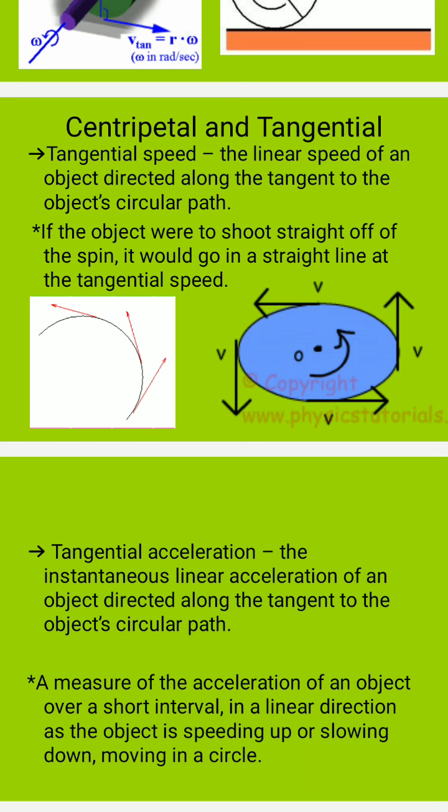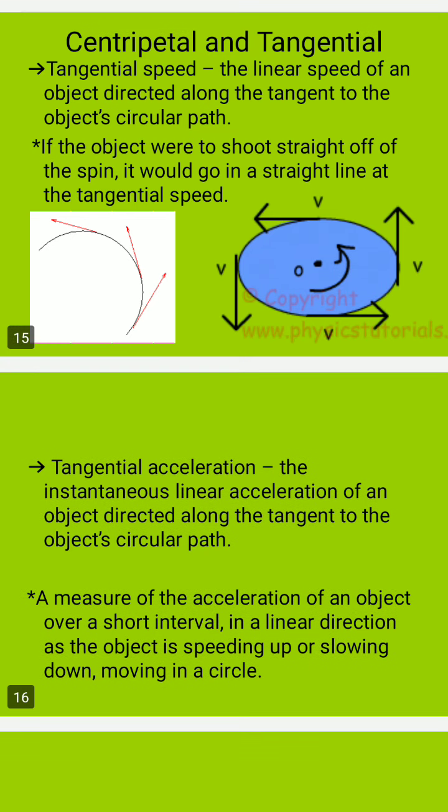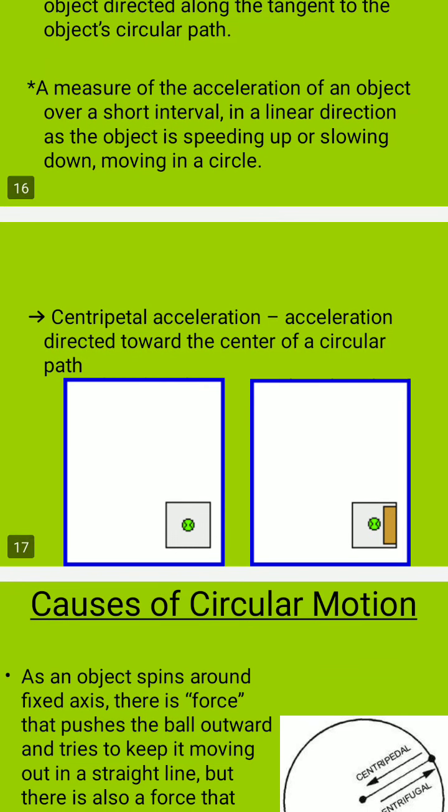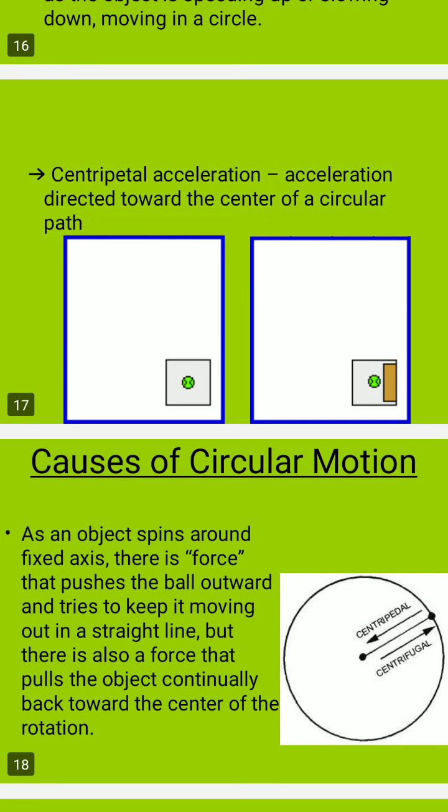Tangential acceleration is always perpendicular to the centripetal acceleration. And what is the centrifugal acceleration? Centrifugal acceleration is always opposite to the centripetal acceleration. See in the figure below, on the right-hand side, that white figure. Centripetal acceleration is always towards the center, and centrifugal acceleration is opposite to it.